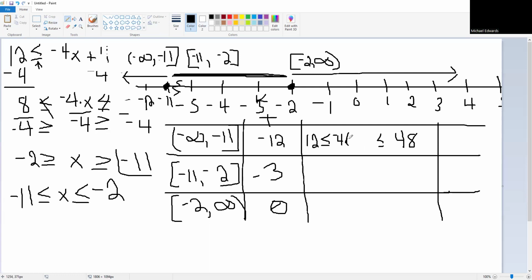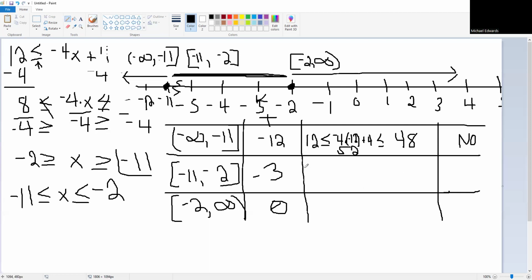Well, x is negative 12 now, so instead of being 48, it will be 52. Now, is 52 less than or equal to 48? No. This is no solution.